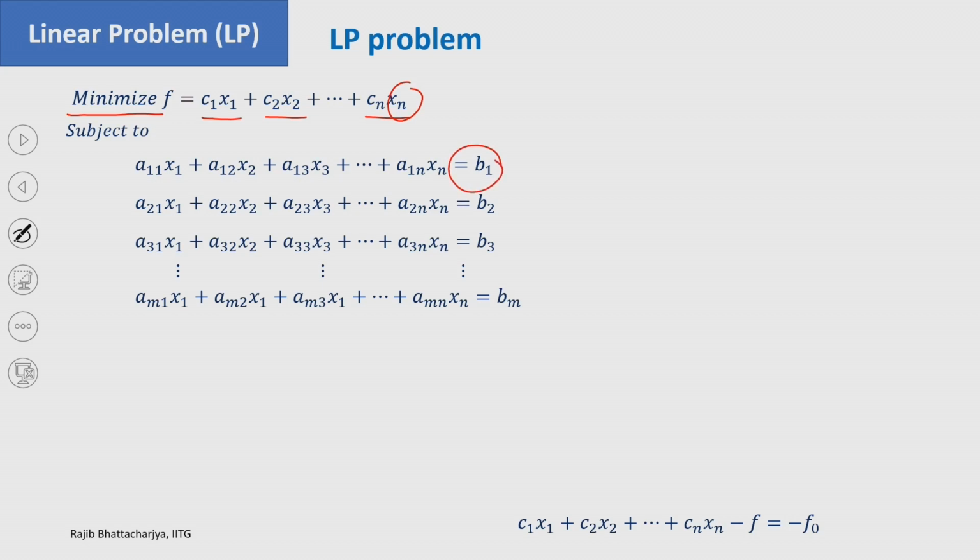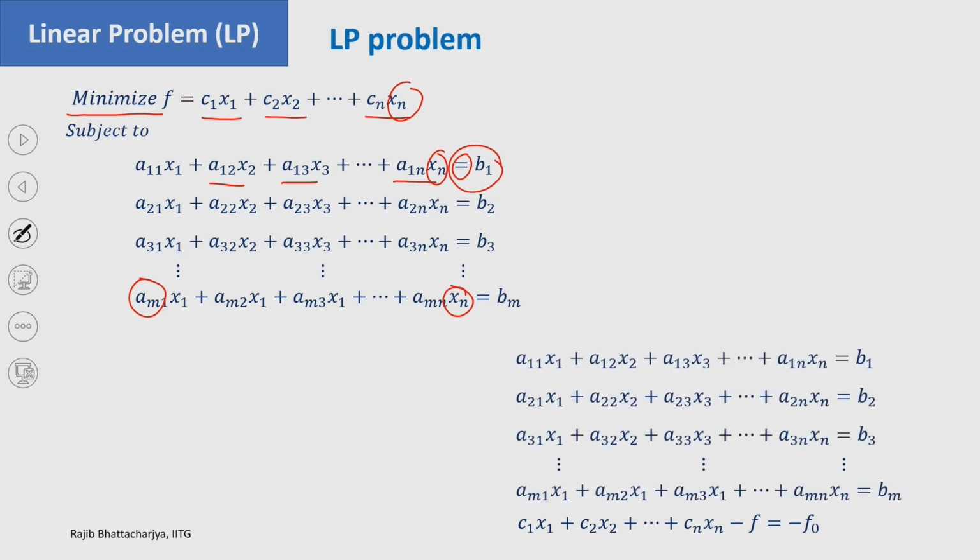This is the first constraint, that is a11 x1, a12 x2, a13 x3, up to a1n xn, a total of n variables, and the right hand side is b1, and this is an equality constraint. So, we have a total of m constraints and n variables. This is the general form of a linear problem.